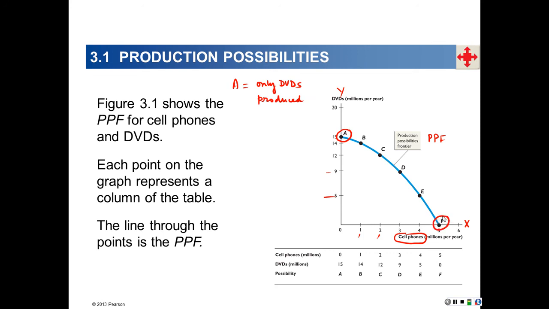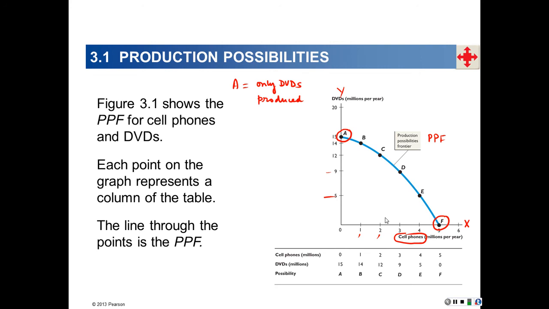What does point F represent? Point F represents the quantity of cell phones that this country could make if all its resources were devoted to cell phones, correct? Of course, this country can produce both goods if it so chose, right?